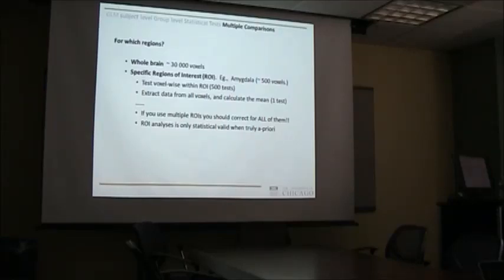So, to keep with this example, suppose you have this experiment with faces and houses, and you end up with a bunch of regions that show stronger activation for faces versus houses, like the amygdala and some other frontal regions. Say we find 5 clusters from this whole brain analysis.